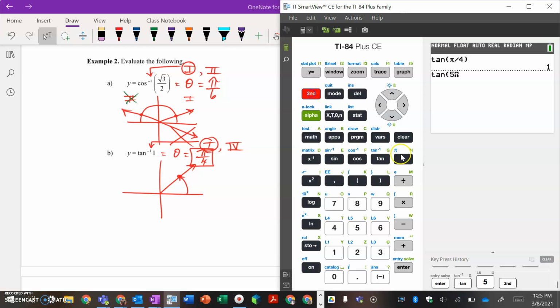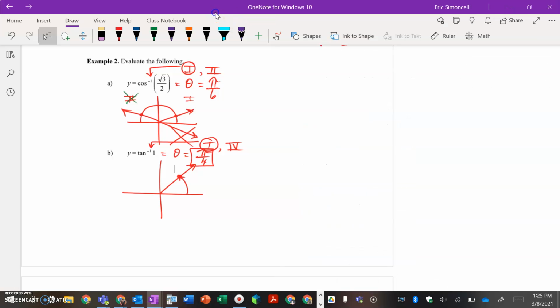Because in the third quadrant, the y-coordinate negative root 2 over 2 divided by the x-coordinate negative root 2 over 2, negative over negative, excuse me, I said negative over positive. It's negative over negative, which does in fact also equate to 1. So keep that in mind. Your calculator will only give you one answer, and that will be pi over 4. All right, moving on.